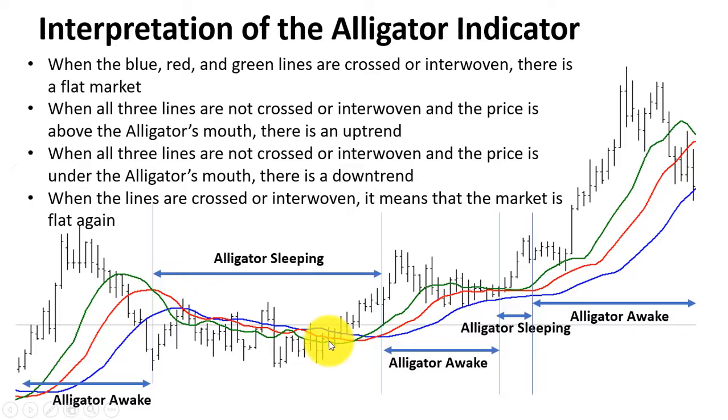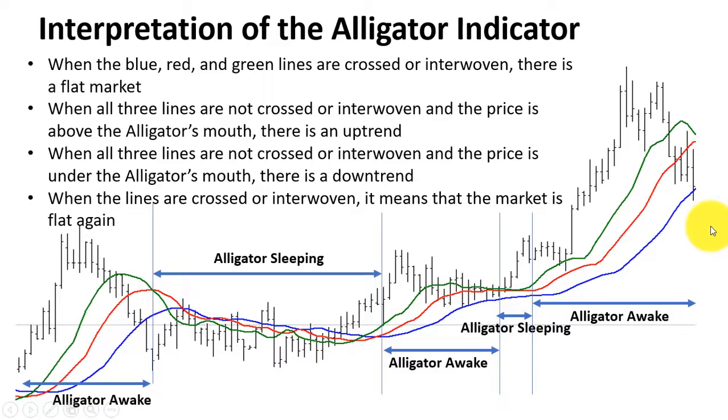When all three lines are not crossing each other, they're not interwoven together, and the price is above the alligator's mouth, so they are not crossing here, they are straight, not touching each other, and price is above, we say we are in an uptrend. And when we have such things and the price is below, we say we are in a downtrend.